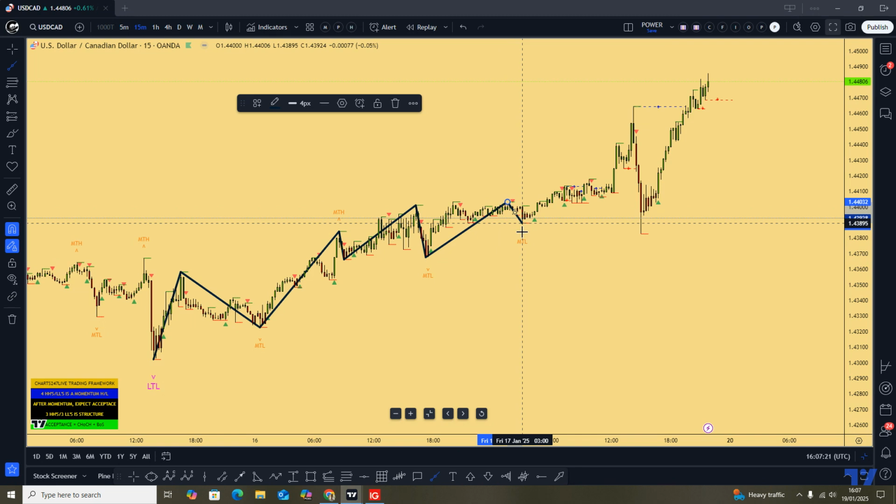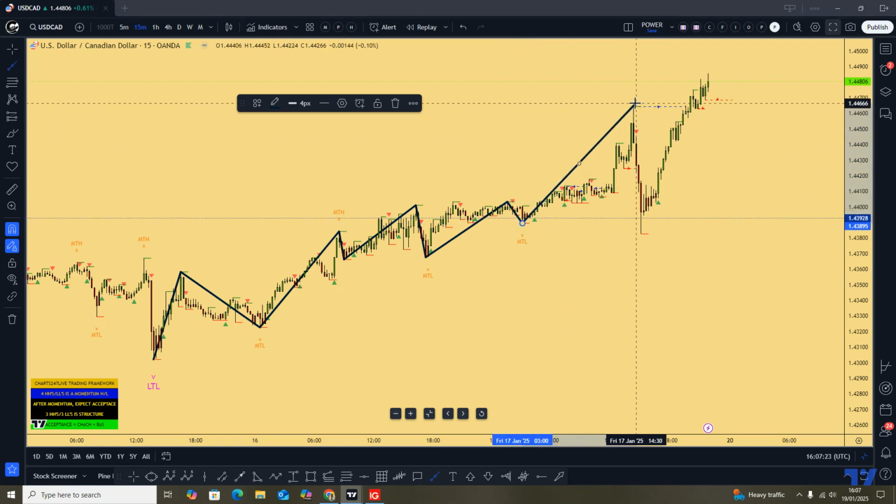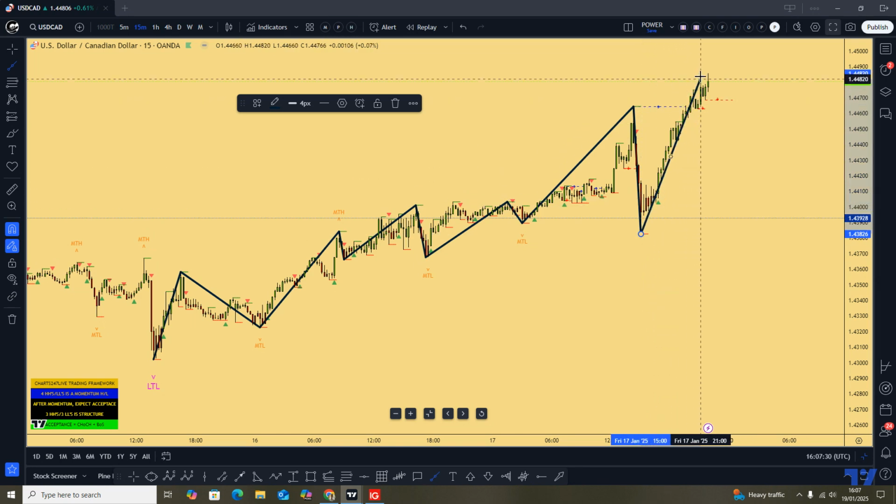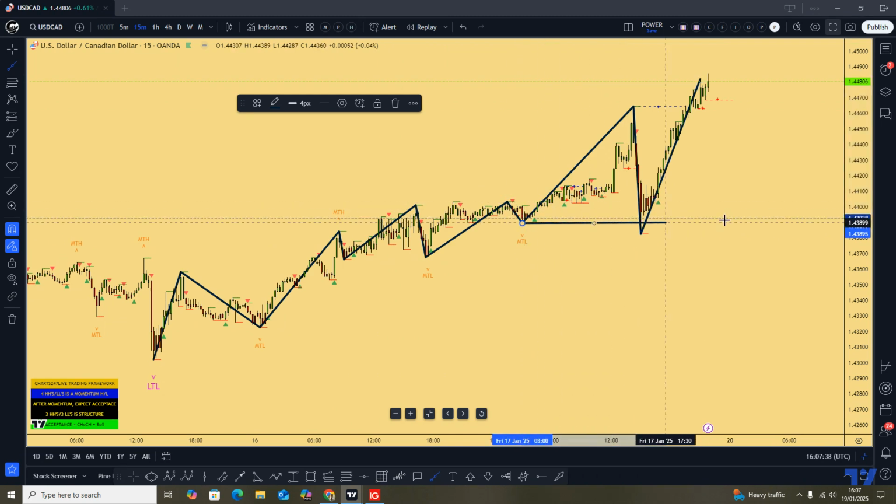this is very important what you're doing now, because we have a structure, then 1, 3, 5. This could be a continuation of the trend, because this is now a reset point, 0, and this is 1.